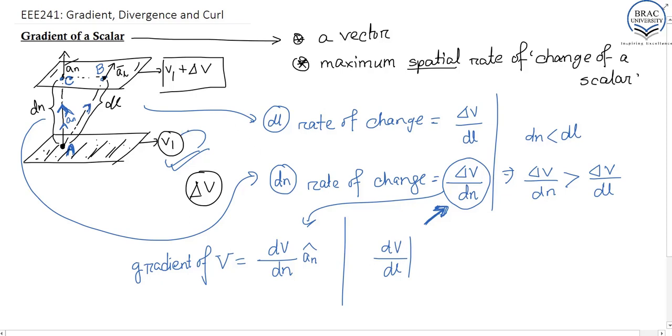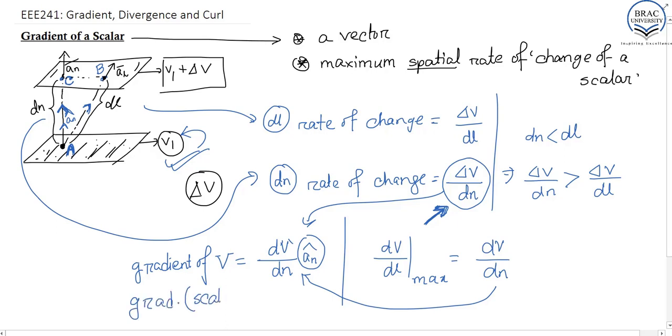So basically, the maximum value of dV by dl is the value dV/dn, and this is the magnitude of the gradient, and this over here is the direction of the gradient. So gradient is basically an operator on a scalar, and it gives you a vector as a result.